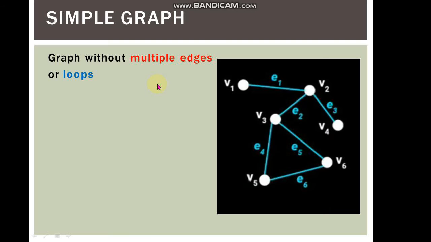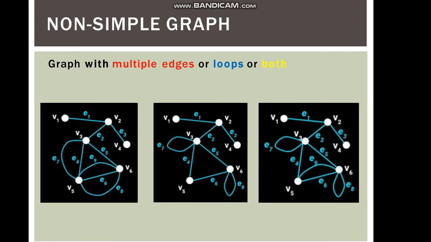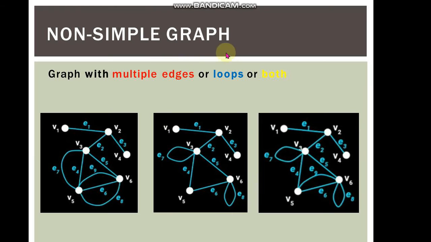Simple graph. A graph without multiple edges or loops. So we can see from this graph, if the graph doesn't have multiple edges or loops, it is called a simple graph, okay? So remember. Non-simple graph.